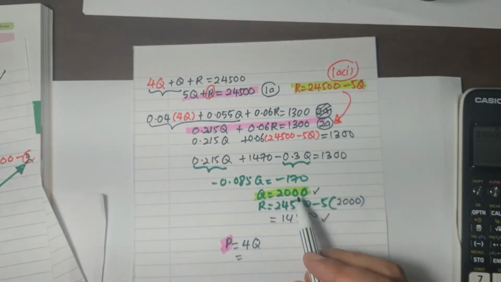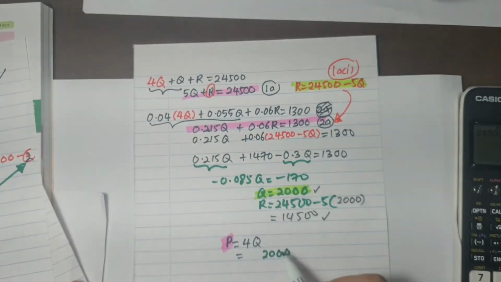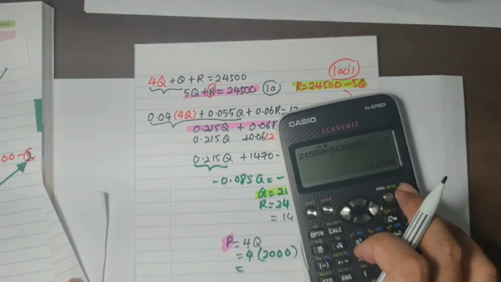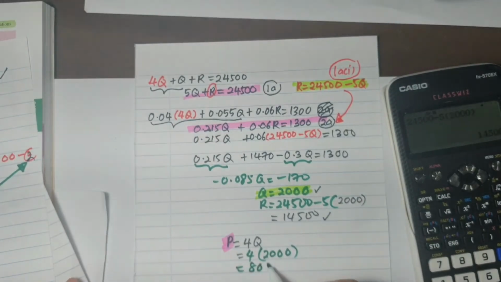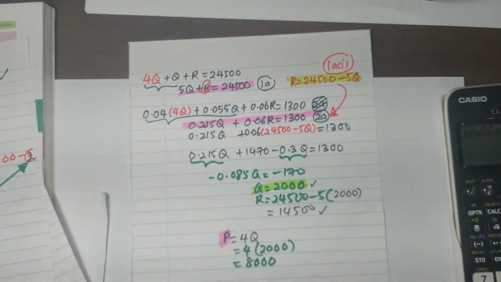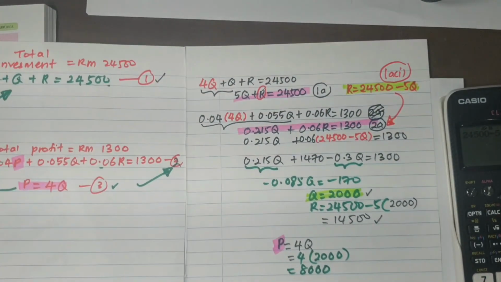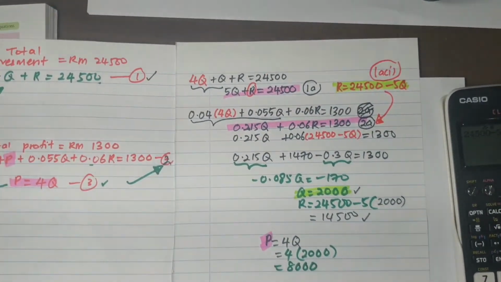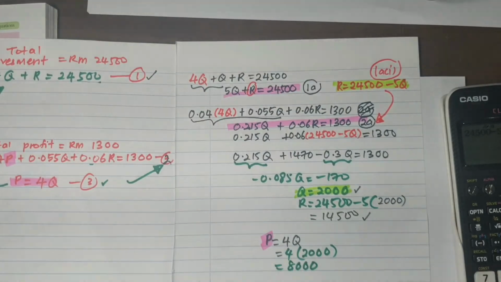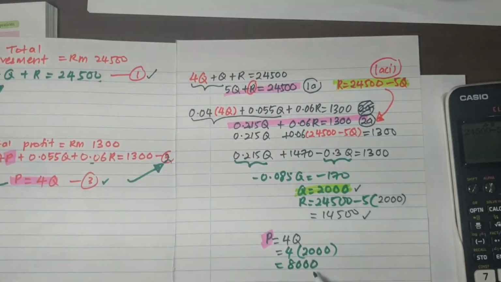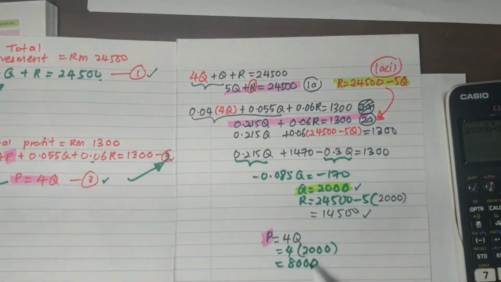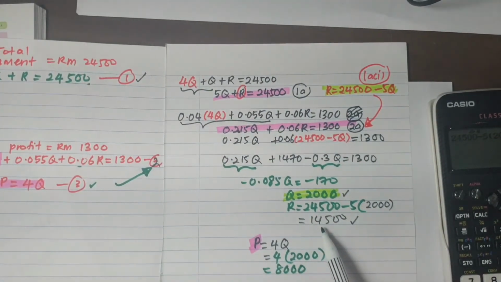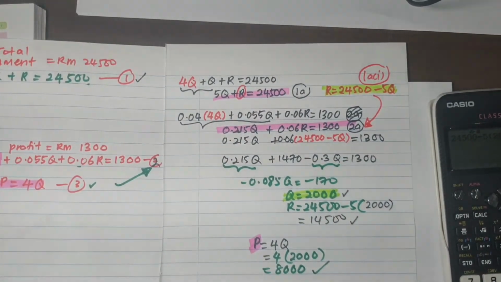Okay, Q tadi apa? Q 2,000. So 4 times 2,000 lah, 8,000, right? Okay, done. So total, the amount of money in unit trust account P is 8,000 ringgit, Q account 2,000 ringgit and R 14,500 ringgit. Done.